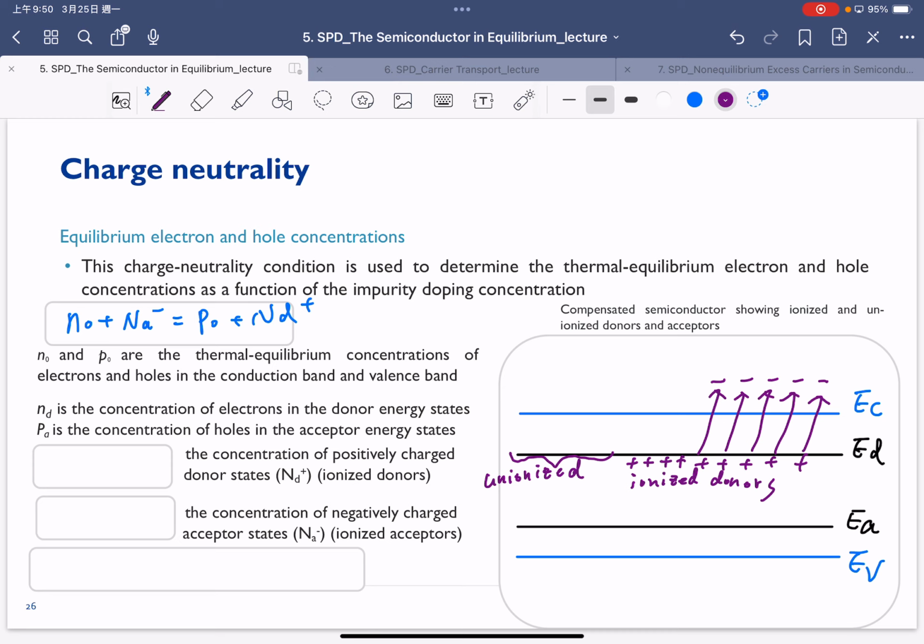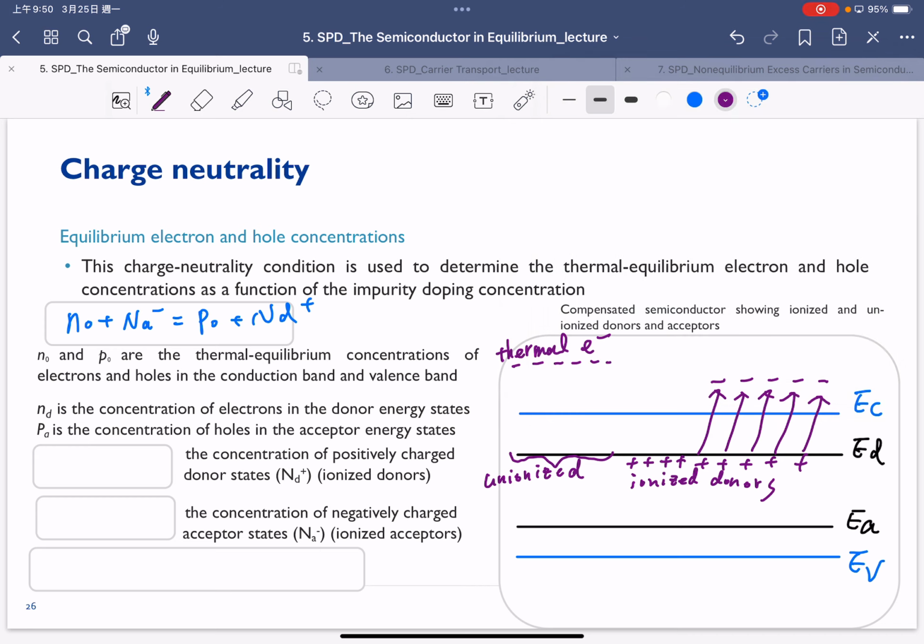And also we have to consider the thermal equilibrium electrons, which are not generated by this donor and already existed there.